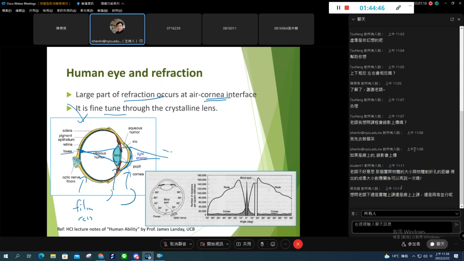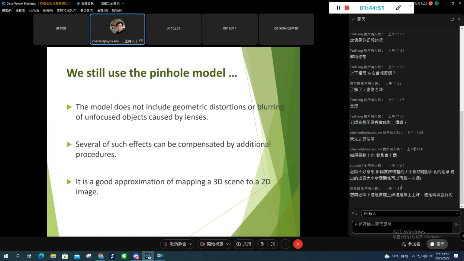So for the real world, what we use is actually the lens model. However, we still use the pinhole model. The idea is that for the lens model, we actually encounter a lot of problems, such as the geometry distortion we'll talk about later.